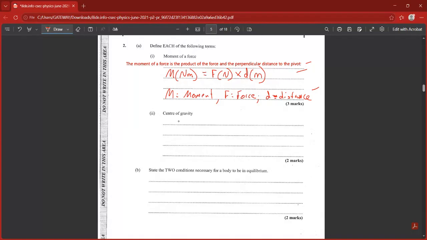Now center of gravity. This is just 2 marks, so a sentence will work for this one.